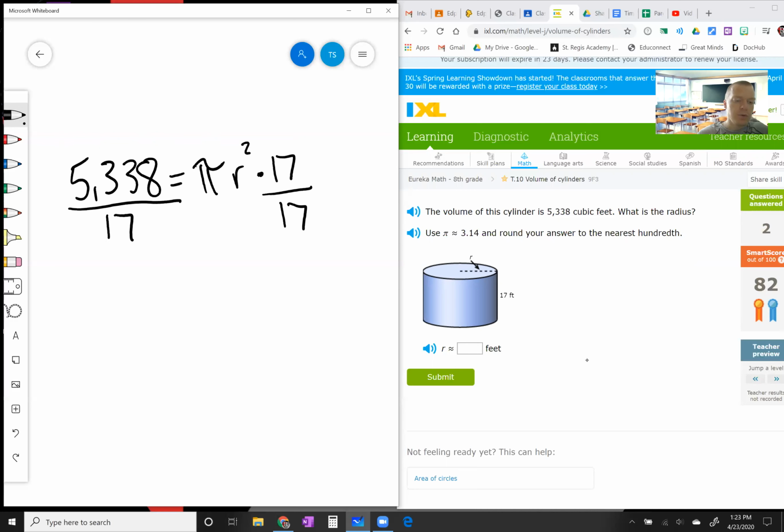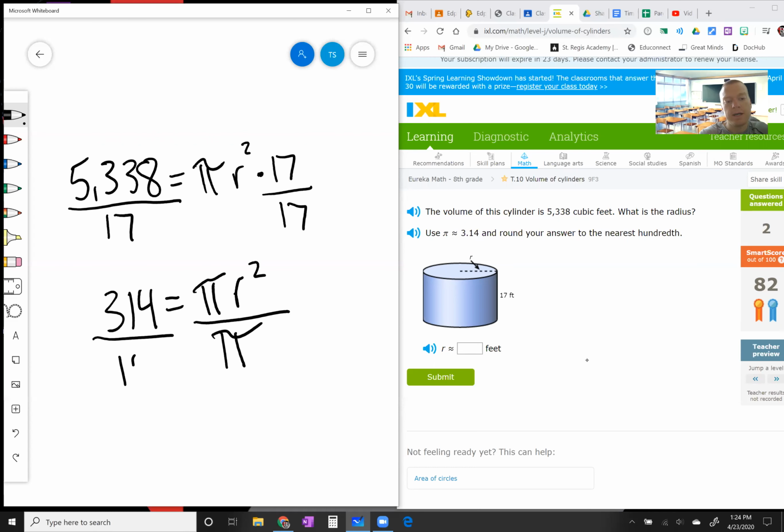Let me do that real quick. 5,338 divided by 17. Make sure that's right. Yep, you get 314, which equals pi r squared. Now we need to divide by pi to get rid of pi.